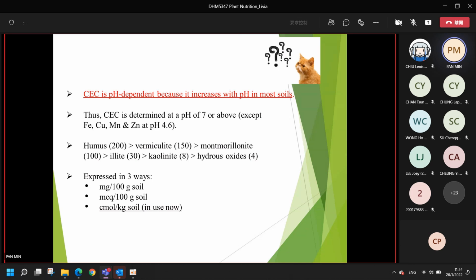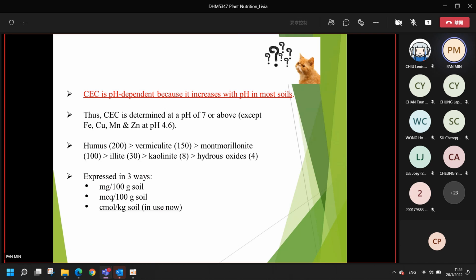So that's why more hydrogen ions will be released into the soil solution, which decreases the pH in the soil. And therefore, you can see the CEC, the cation exchange capacity, is determined at a pH of 7 or above, so that you can obtain a more accurate result, because the pH level also will affect the CEC level in the soil.